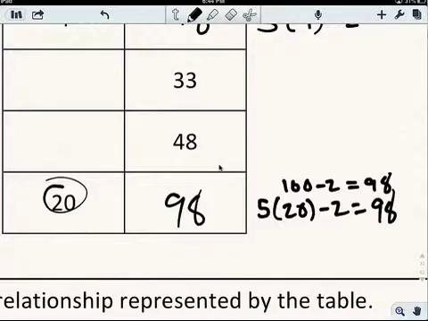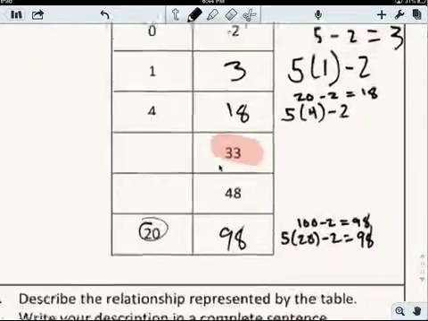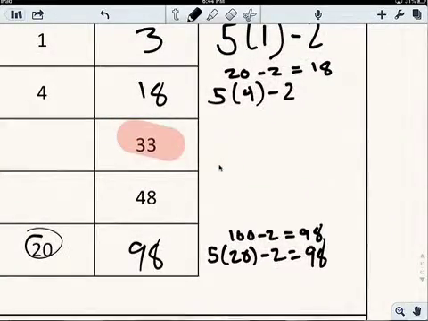So let's think about these two, because they're asking us something a little bit different. They're giving us the output number and asking us for the input number. And so what I'm thinking about is that for these two, we multiplied times 5, and then we subtracted 2. And so I wonder if we have to work backwards, like that token problem. I'll do these in two different ways.